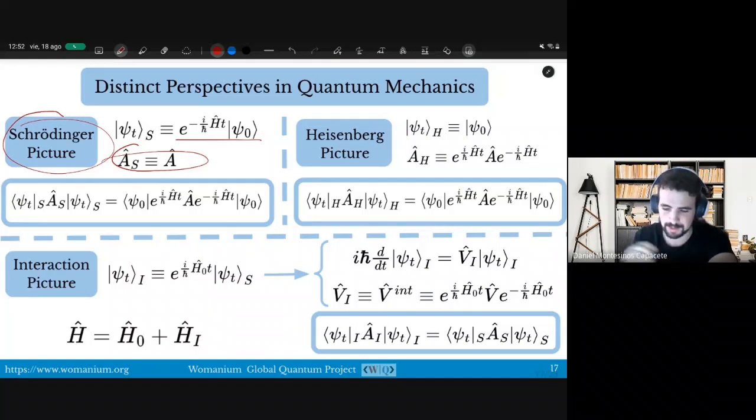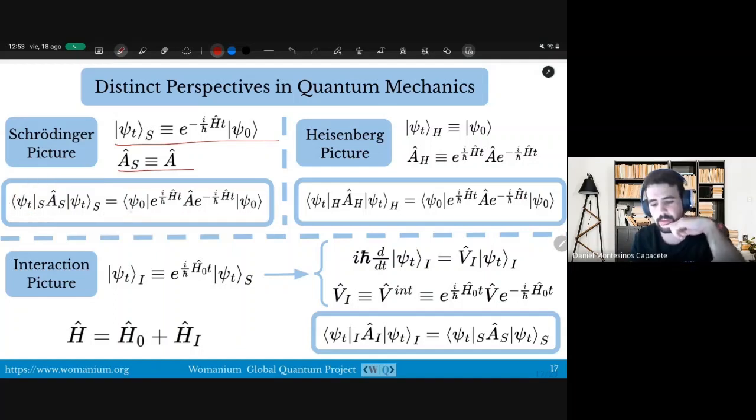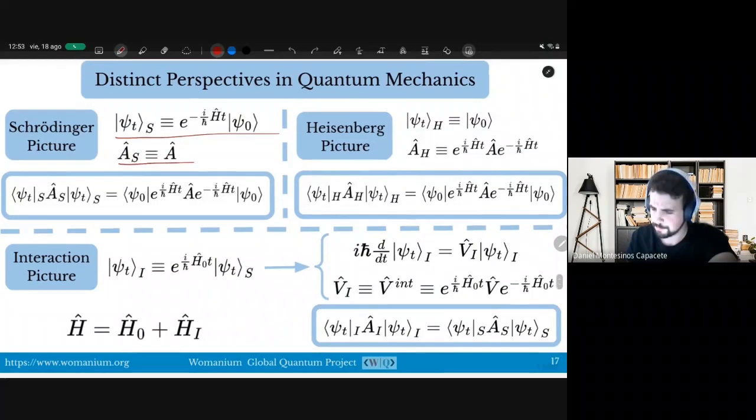Just to give you an idea, in the Schrodinger picture the time evolution goes to the state vector, and the operators don't evolve in time. If you calculate the expected value using the Schrodinger picture, at the end it would look something like this. Remember that this is the evolution operator that we were discussing a little in the last lecture. So that's the Schrodinger picture.